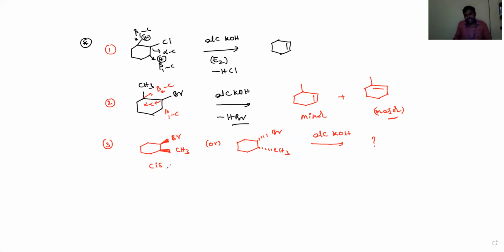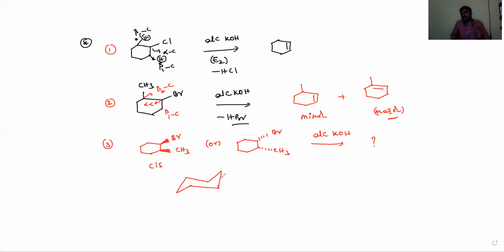In that case, the more stable form of cyclohexane is the chair form. Okay, dear students, the six-membered ring will exist in the chair form. In this chair form, each carbon atom is sp3 hybridized and has two hydrogen atoms.